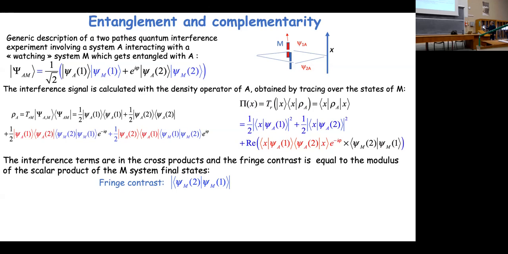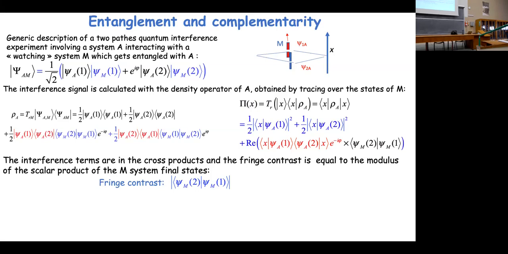And you see that the interference comes from this term, because it is the only term which has a dependence on phi. And you immediately see this very interesting result: the interference term has a contrast which is the scalar product of the two final states of the moving slit, or of the device, which tells you something about the past.